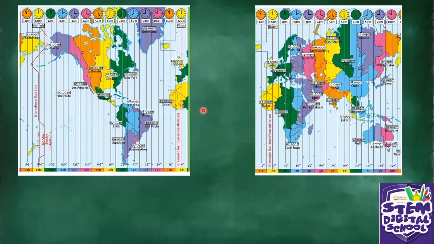And then they came up with this theory, time zones, so that you'll be able to understand. So, for example, the United States of America is behind in time than Africa, Europe, Russia, Australia.